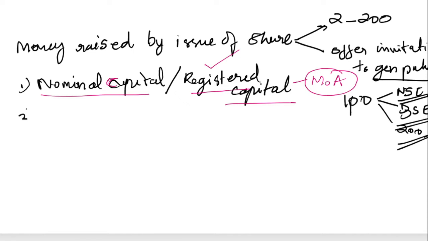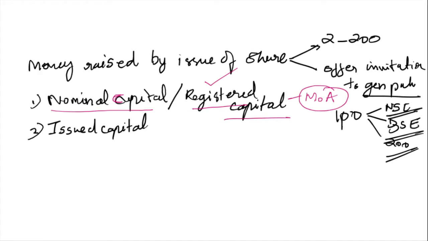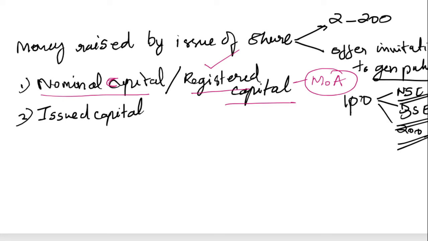So next is issued capital. So what exactly is issued capital? It is the aggregate nominal value of shares which are offered to the public for subscription.